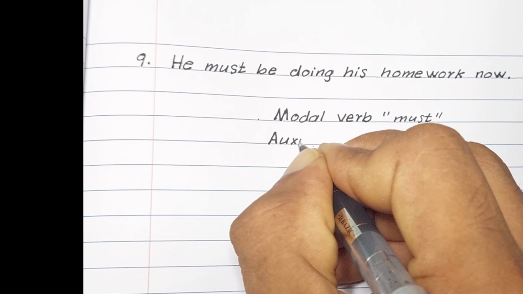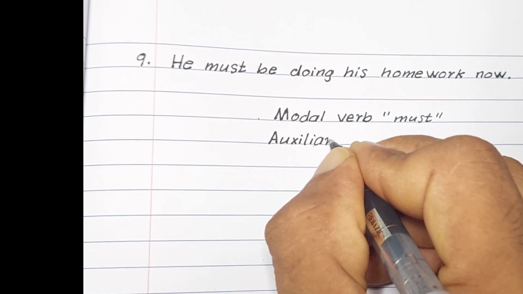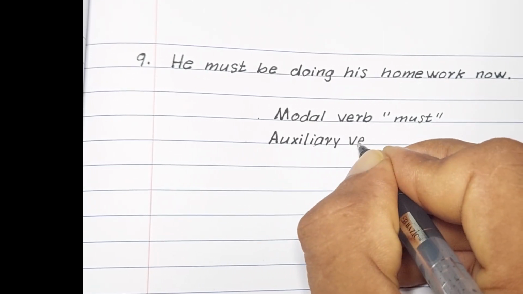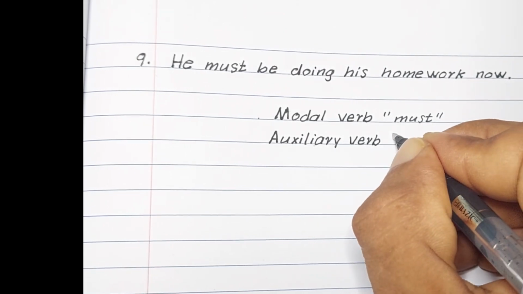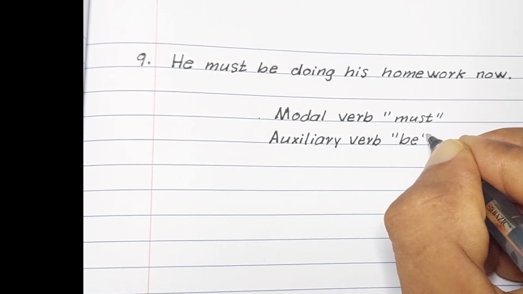He must be doing his homework now. The modal verb must indicates certainty, and the auxiliary verb be helps form the continuous tense.